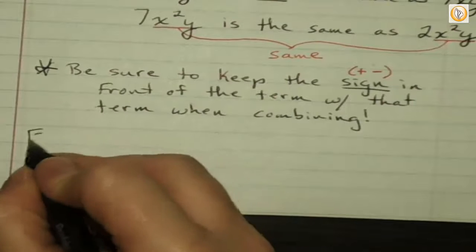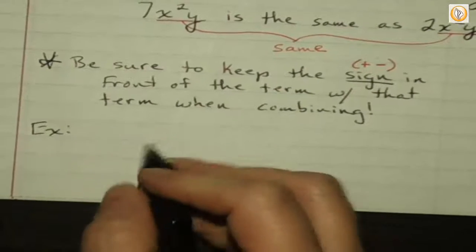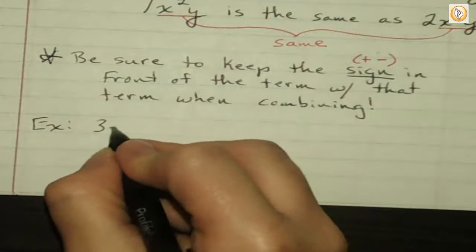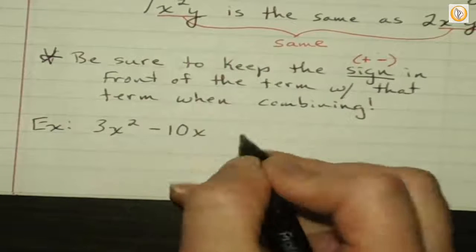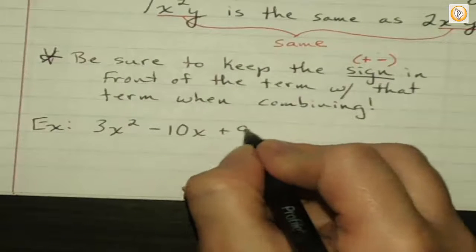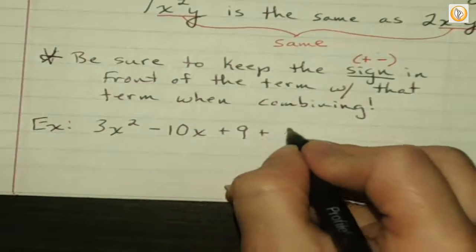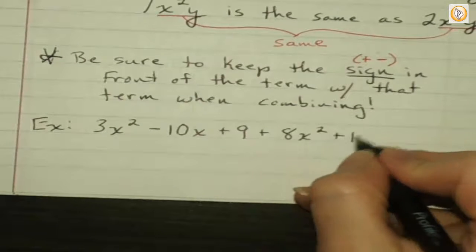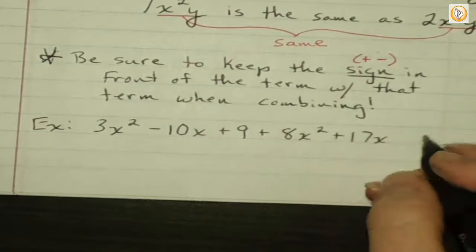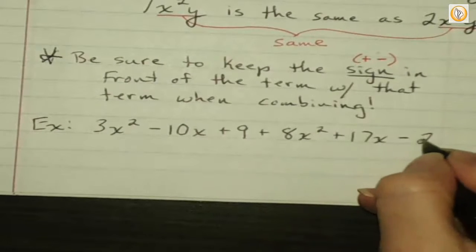All right, example. 3x squared minus 10x plus 9 plus 8x squared plus 17x minus 2.